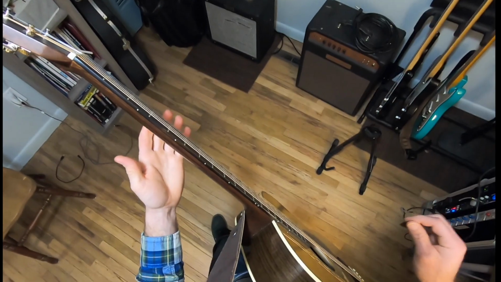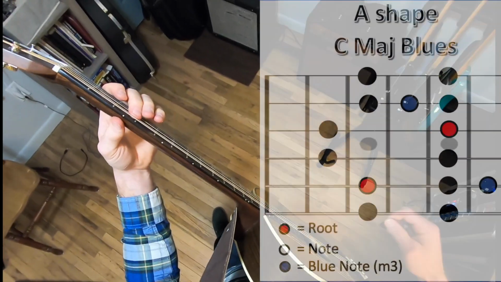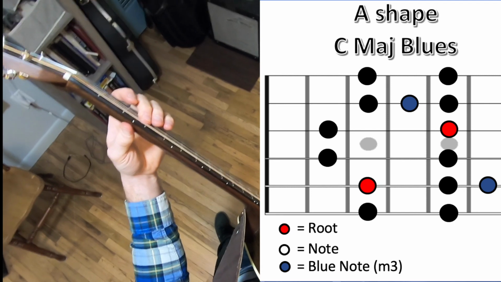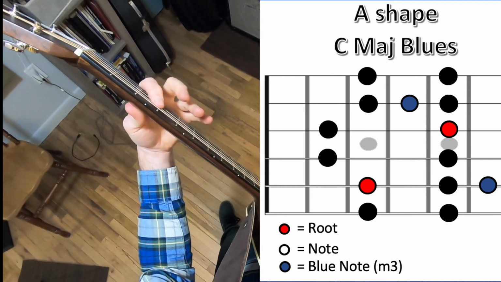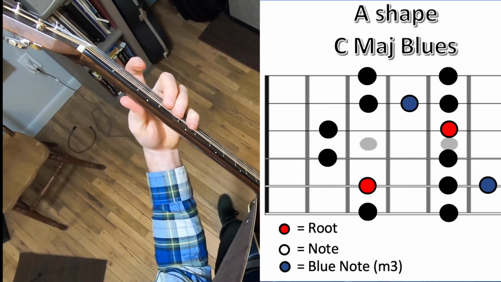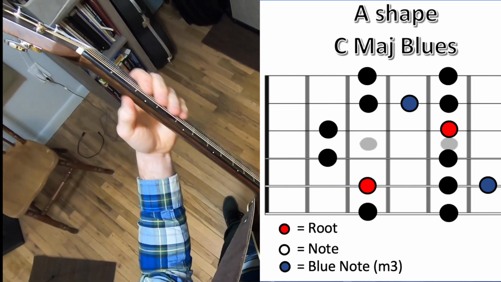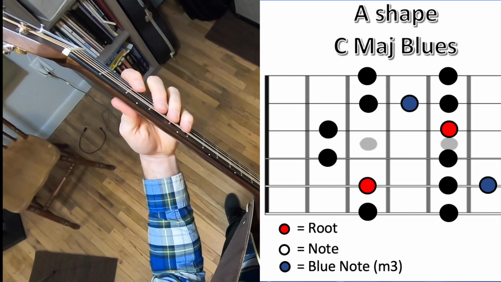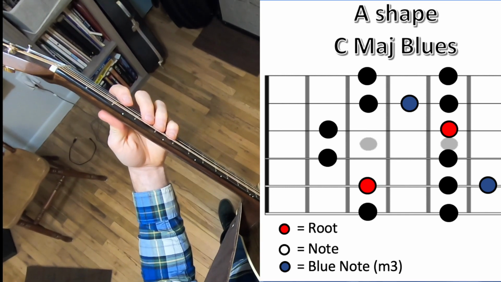For your major blues, you're going to have a blue note on the minor third. So I like to play it like this. You could also go, there's a chromatic move basically between the second, minor third, and the major third.